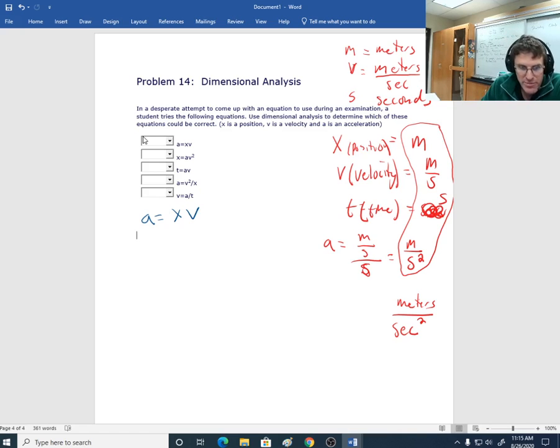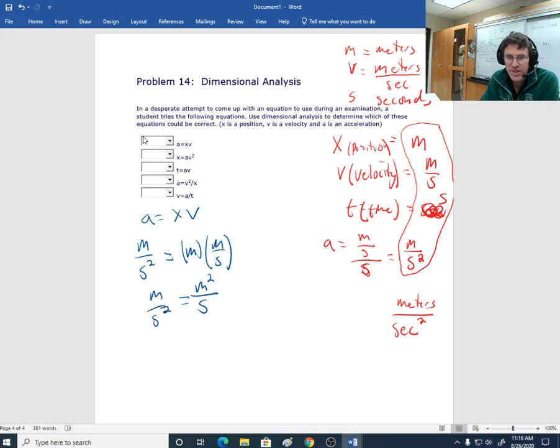We plug meters per second squared into a, meters into x, and meters per second into v. When we simplify this, top times top over bottom times bottom, this is meters over second, and the other side is meters over second squared. As soon as you can tell it's no good, just say it's no good.